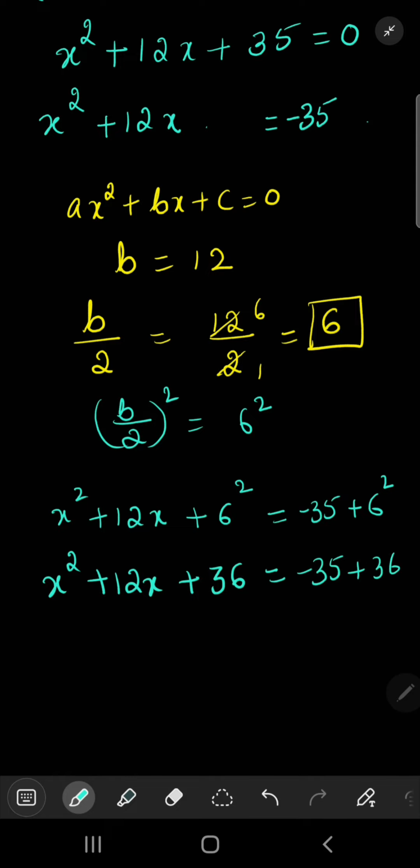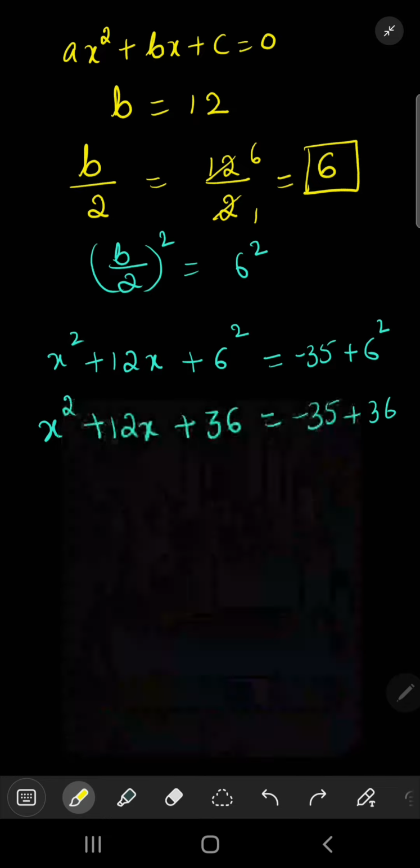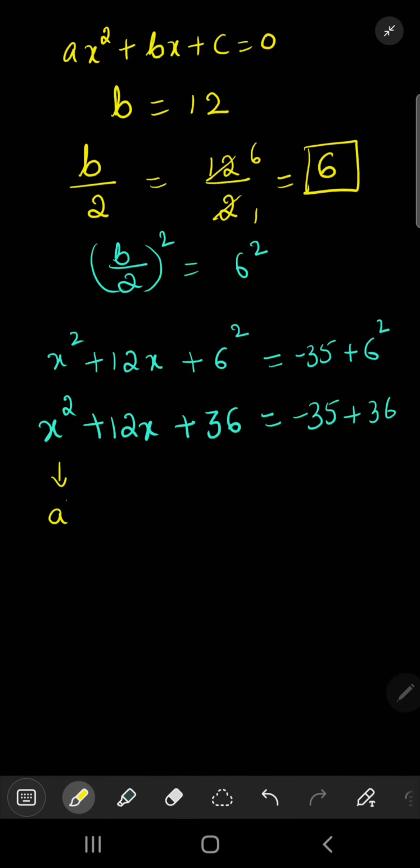Now as you can see, 36 is a perfect square. That means I have completed the square over here. So how have I completed the square? This is in the form of a square plus 2ab plus b square, right?